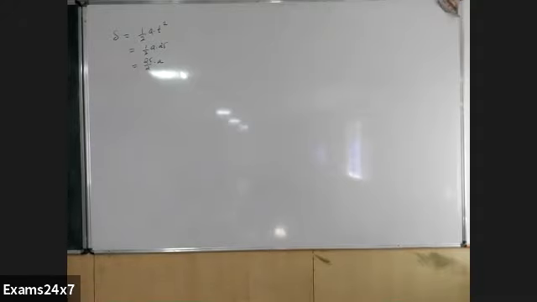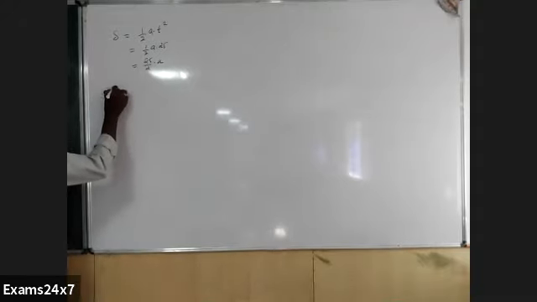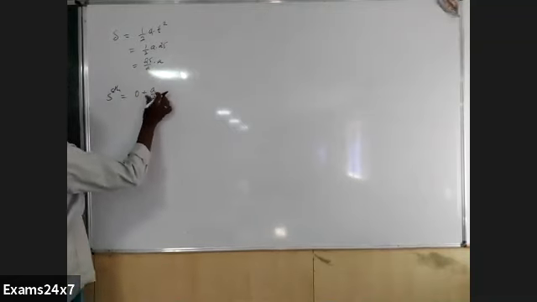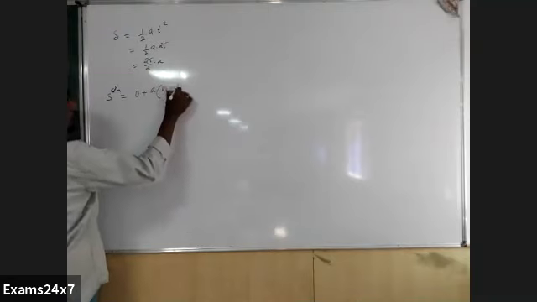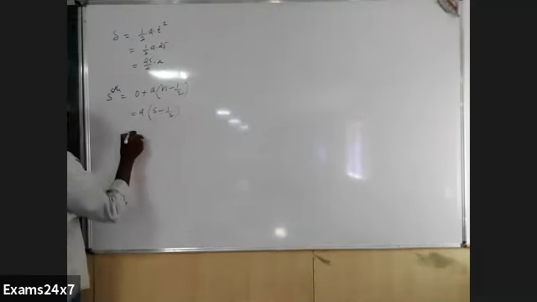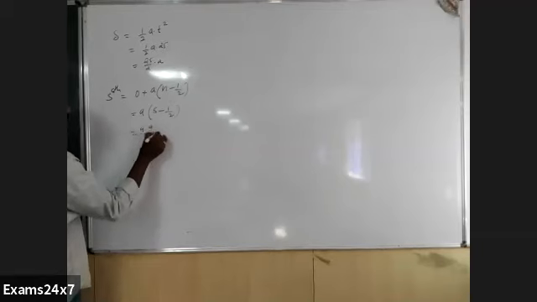Distance covered in the 5th second is 0 plus a by 2 into 2n minus 1, that is a into 9 by 2.